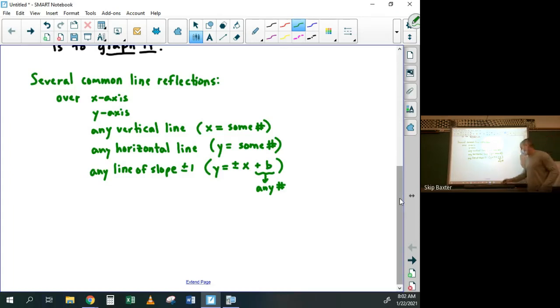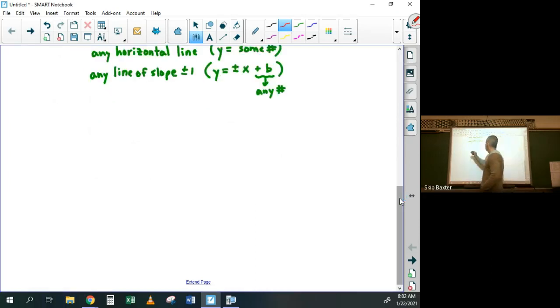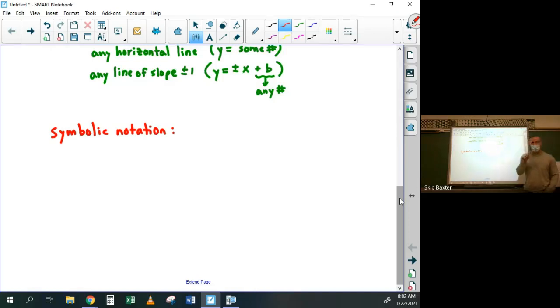The symbolic notation for a line reflection is lowercase r, with a subscript. So the lowercase r, and then the subscript is, I'm just going to say L, the script L. That's a subscript.